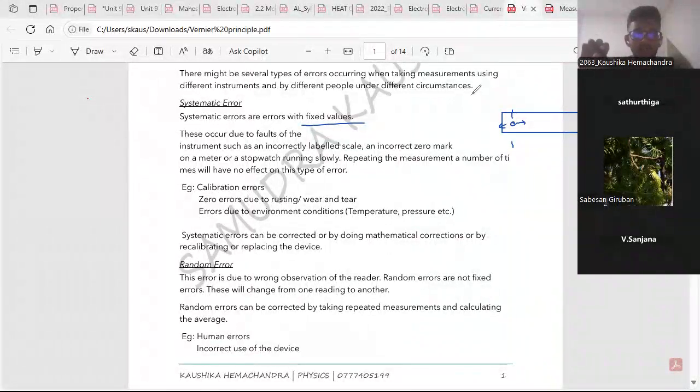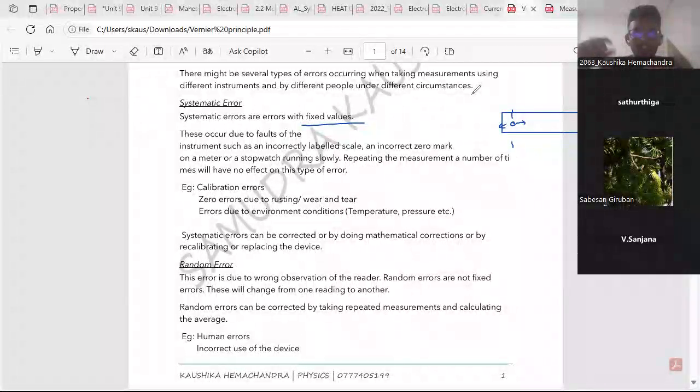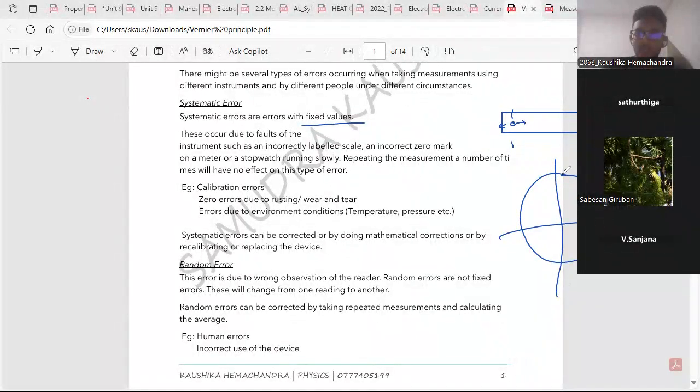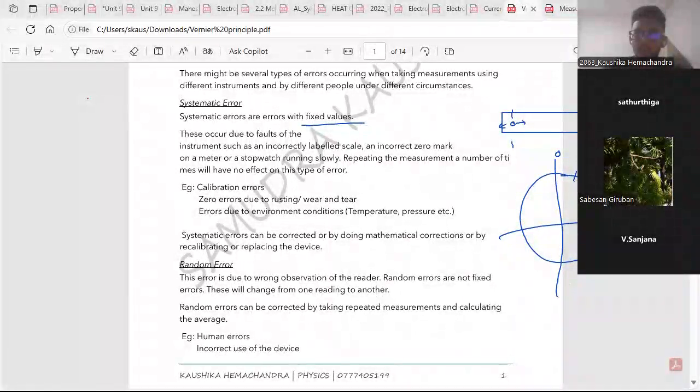The second hand is moving slowly. It's moving slower than a second. The dial is marked like this: 0, 5, 10, 15. Usually the second hand should go from 0 to 5 in 5 seconds.